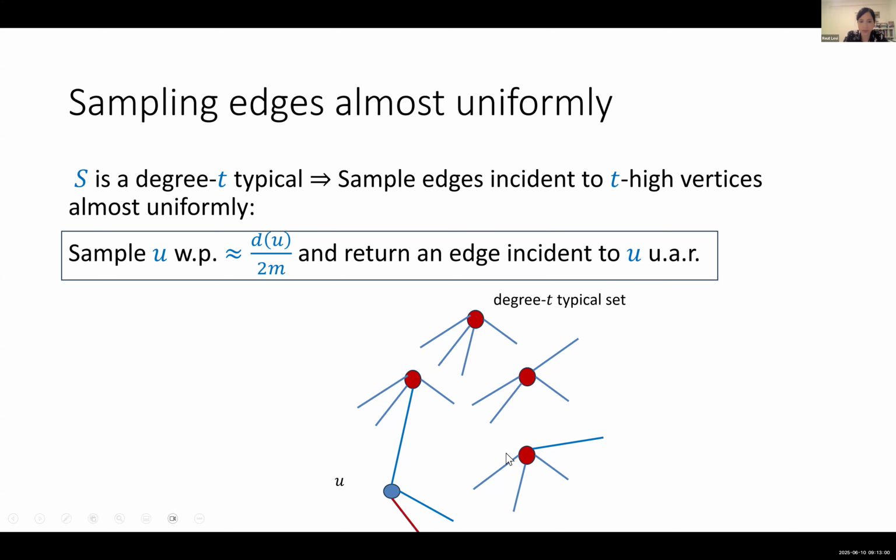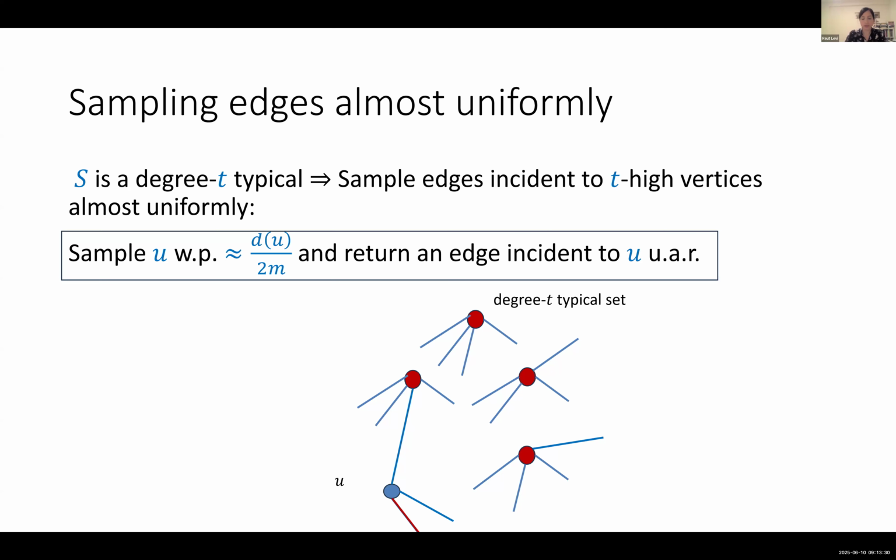As we can see here, we first pick a random edge which is incident to one of the vertices in the typical set, and this allows us to sample u, and then from u we take a random neighbor, and this allows us to sample a uniform edge which is incident to vertices with degree at least t.